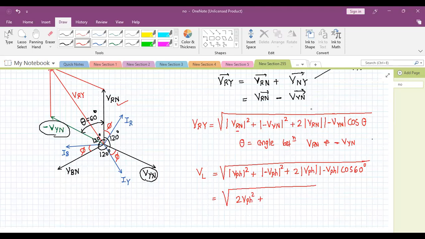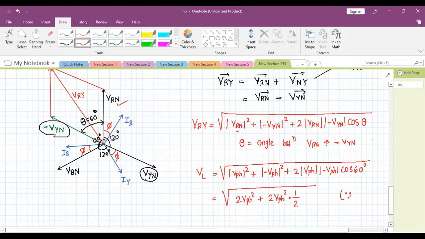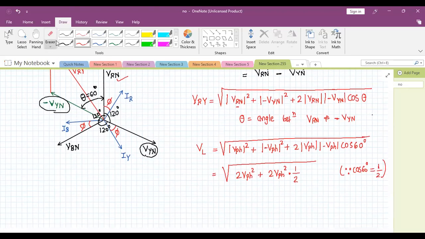Cos 60 is equal to 1 by 2. So 2 VPH square times 1 by 2, this 2 and this 2 will be cut.